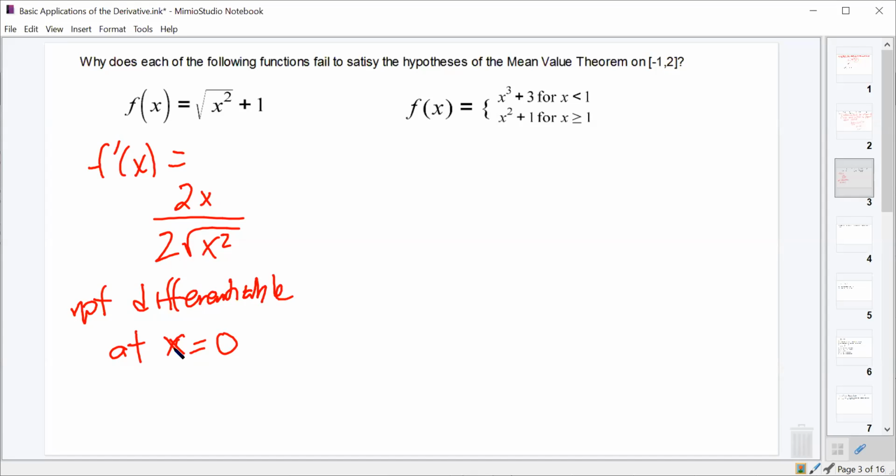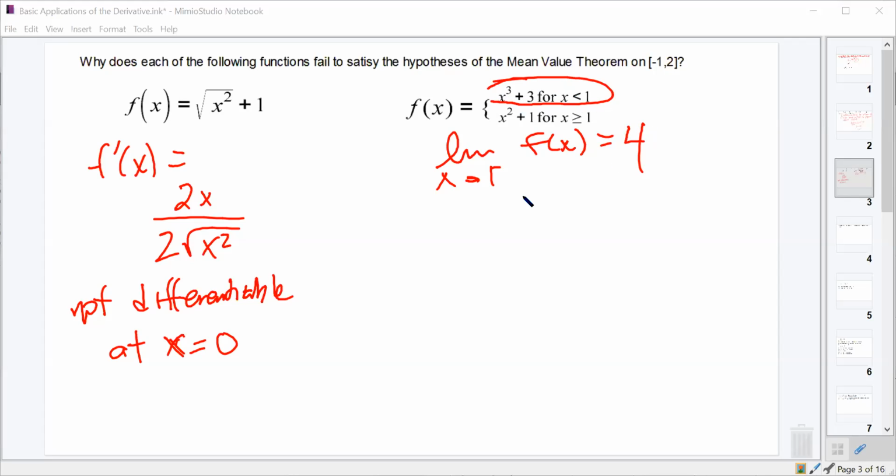And what about the other one over here? What's the limit as x approaches 1 from the left of f of x? As we approach 1 from the left, we should be looking at the top piece of it here, right? As we approach 1 from the left, what do we get? 1 cubed plus 3 is 4.